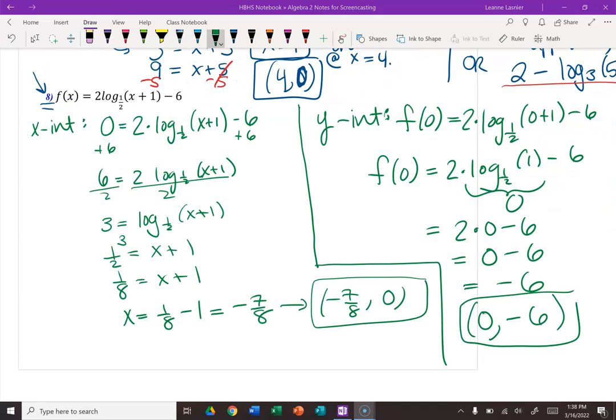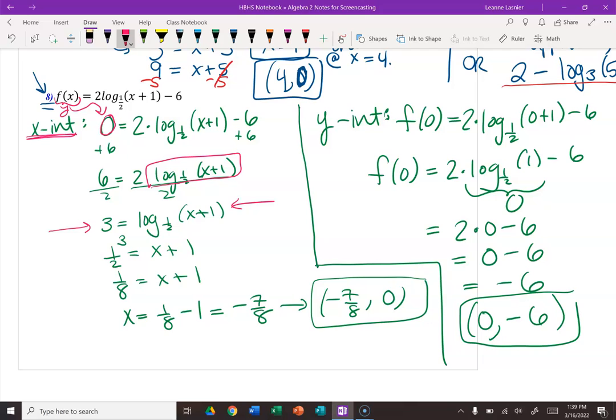Okay, so let's first start by taking a look at our x-intercept. That's where we plug in 0 for y, right? f of x is another name for y. We can replace it with 0. And then this again is an option 2 equation, so we want to try to isolate the log. So we start by adding the 6 over and then dividing by 2 to get here.